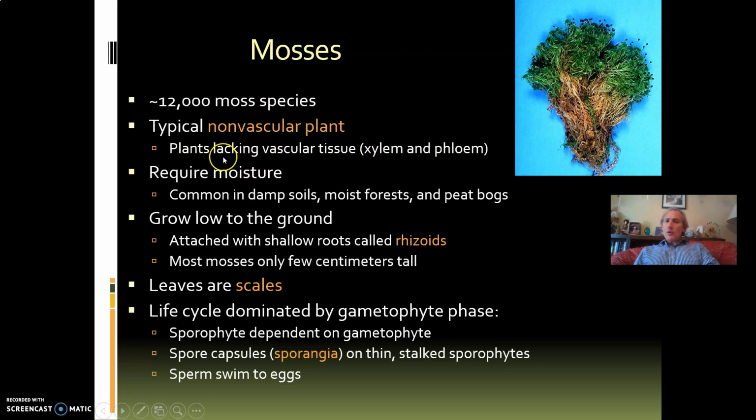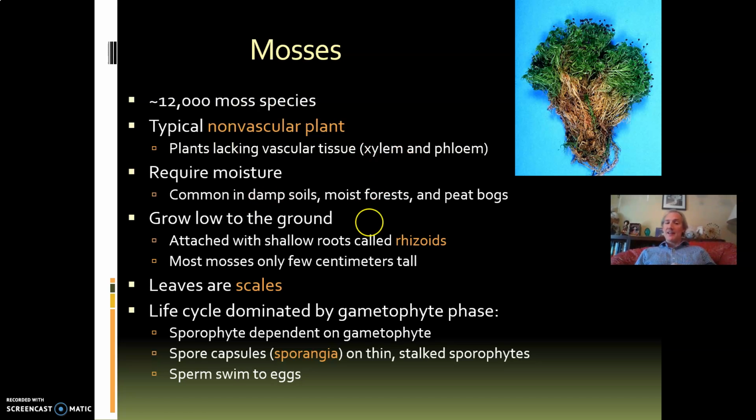In general, we're going to use them as our example of a non-vascular plant, meaning no xylem, no phloem, no vascular cells, no tracheids, no wood, no true roots. Because of that, these plants are all generally going to be really small because they can't move fluids through their body. Otherwise, they dry out, and they need to live in areas that are damp and moist.